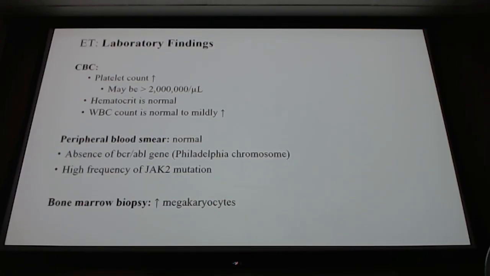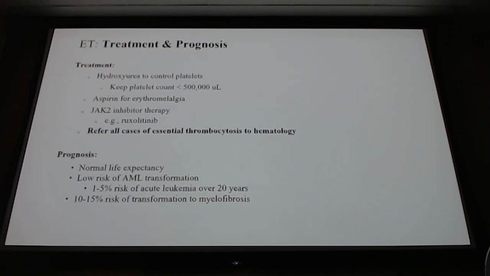Right, and then bone marrow biopsy, you're going to see increased megakaryocytes. Why would we see increased megakaryocytes? Yeah, they're a precursor to platelets, right? Hydroxyurea to control platelets, keep the platelet count below 500,000. What is the normal range for platelets? 450, right? Aspirin for those warm hands.